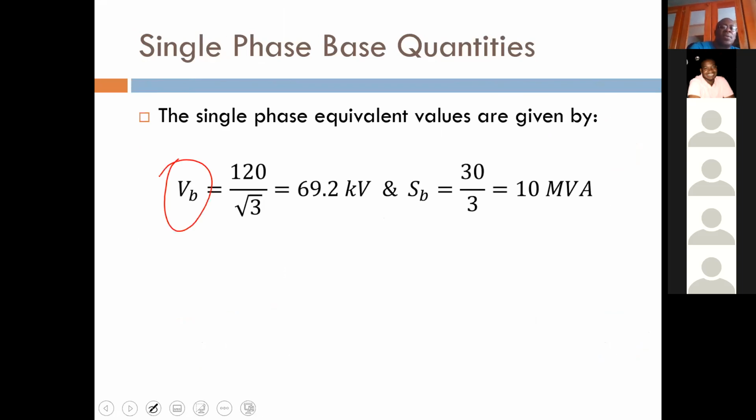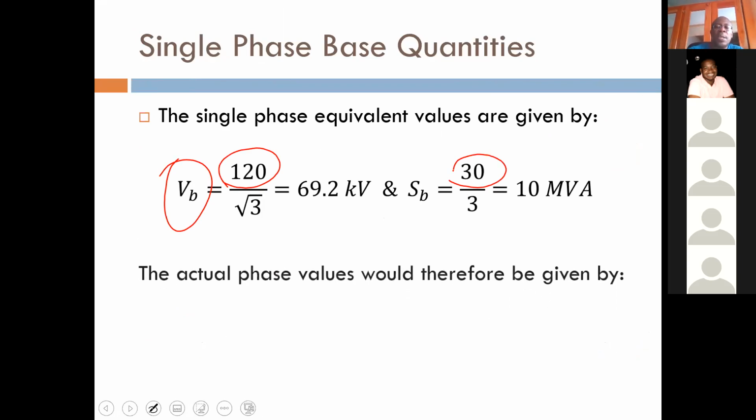The base values would be the three phase, 120 over root 3, which gives us 69.2. And of course, the S base would now be 30 over 3, which is 10 MVA.